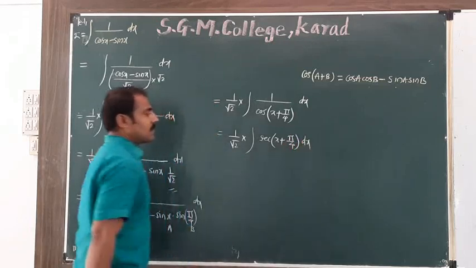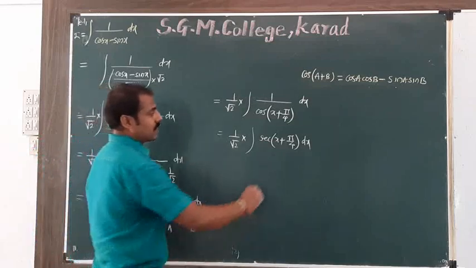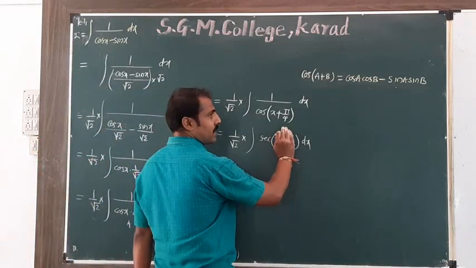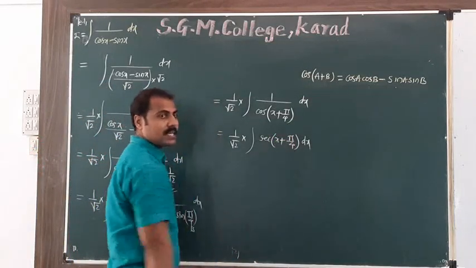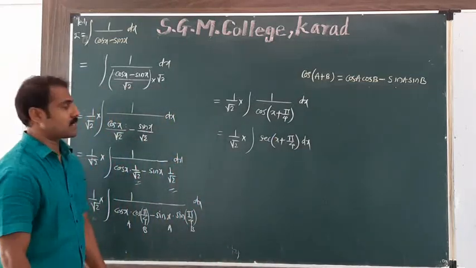Now we know the integration of sec x. Here, integration of sec of x plus pi by 4, considering x plus pi by 4 as x, integration of sec x is log of mod of sec x plus tan x.